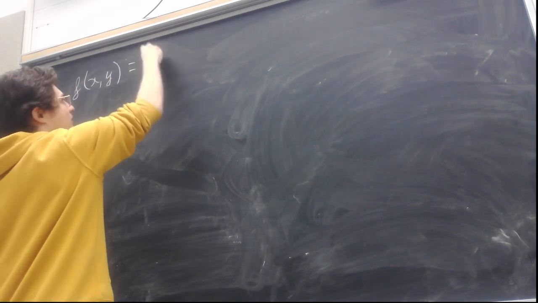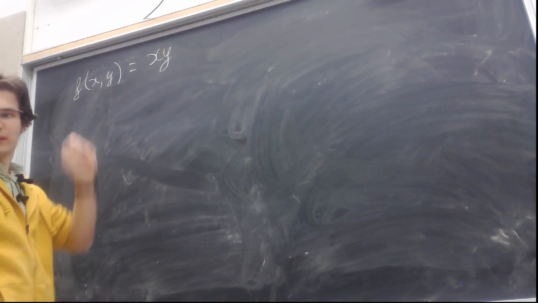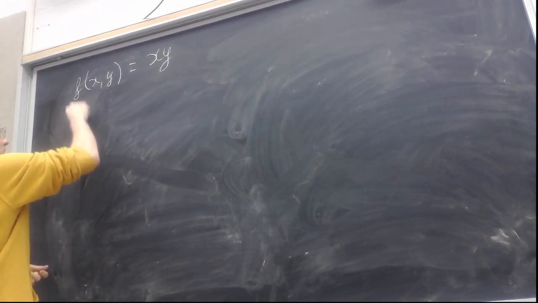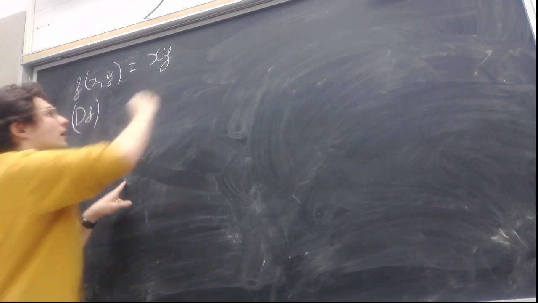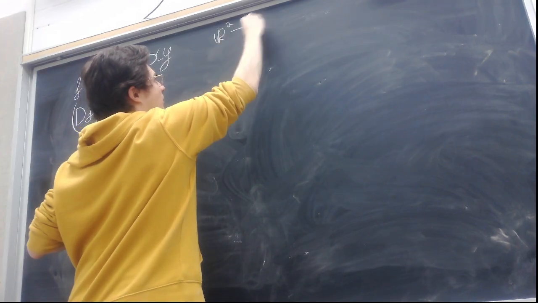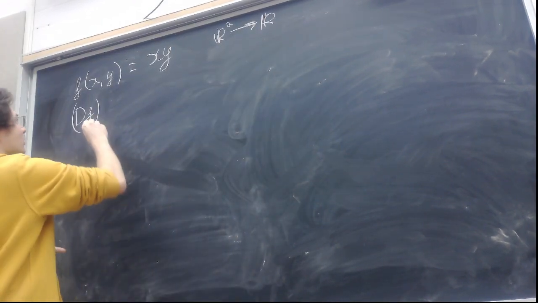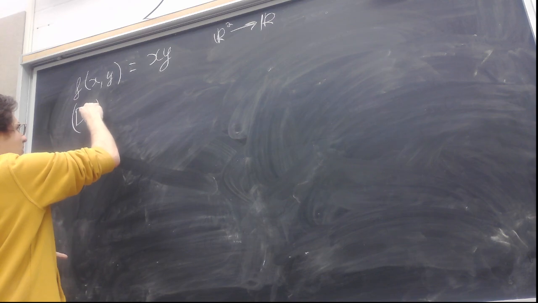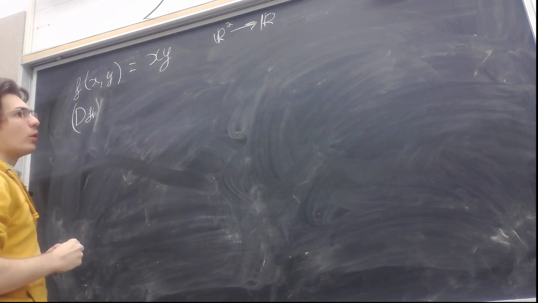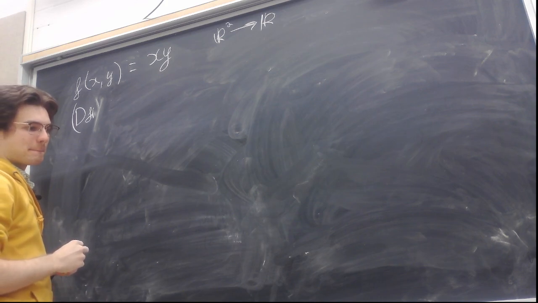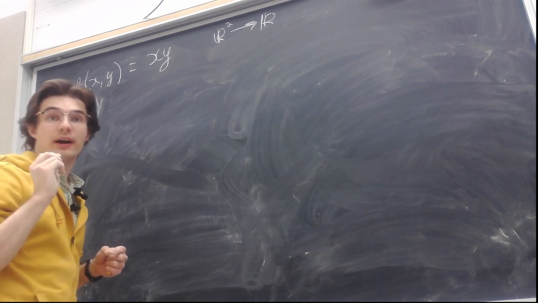So let's look at this example. Let's look at two examples. We'll have a function that takes in x and y, and let's do this one first. Choose the standard basis, as usual. Note this is a function from R2 to R. So df at some point x naught. Let's compute this function at, say, the point 1.